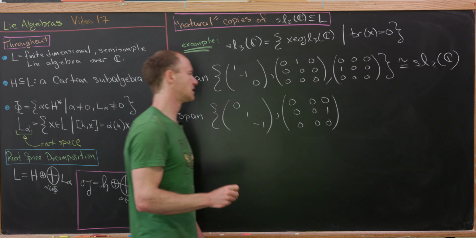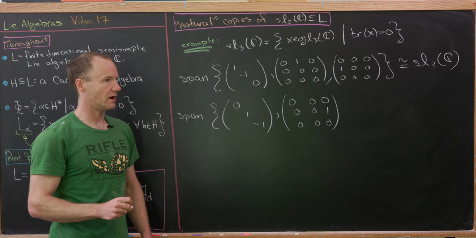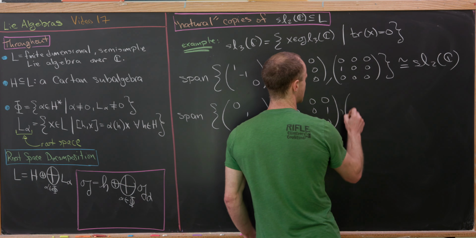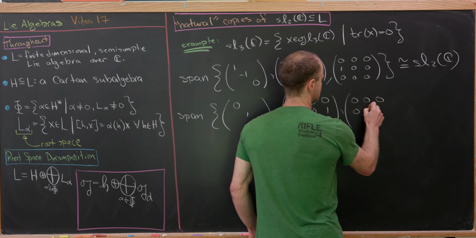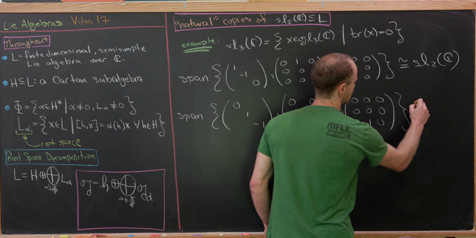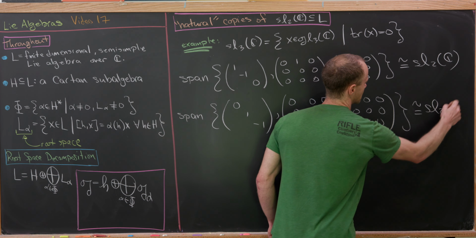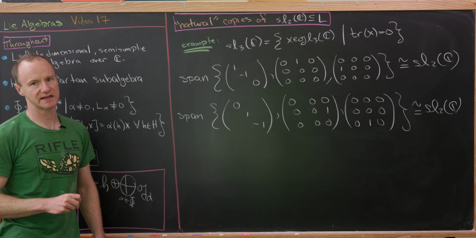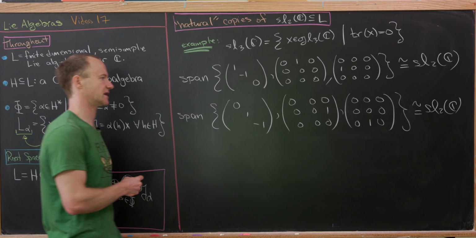So that's going to be a 1 in the third column, second row, and a 0 everywhere else. And then the transpose of that, so that's going to put a 1 down there. And like I said, that's also a natural copy of SL2C, and you can check that it has the commutation relations of SL2.